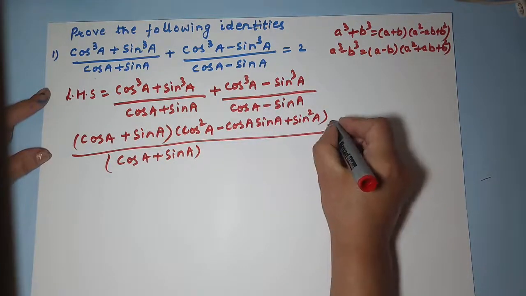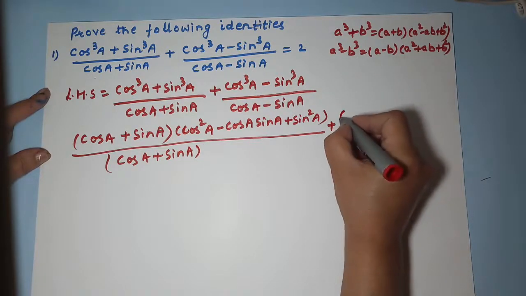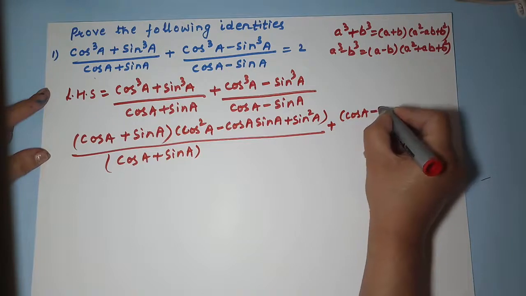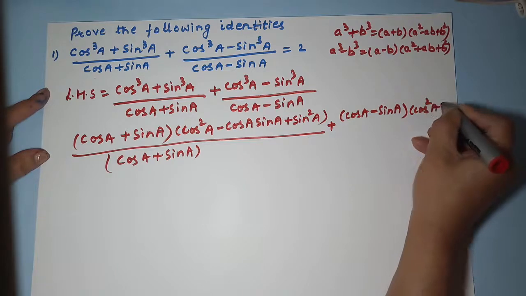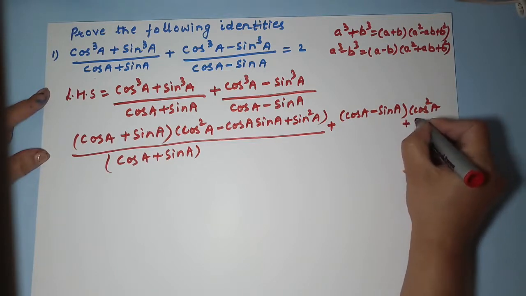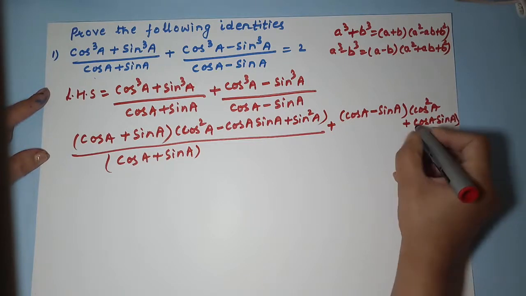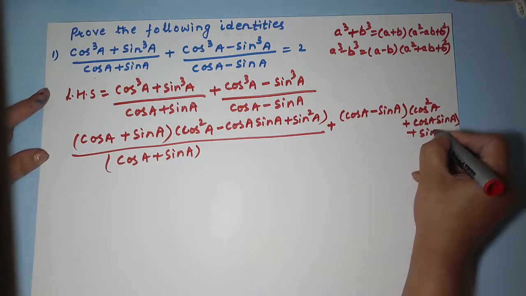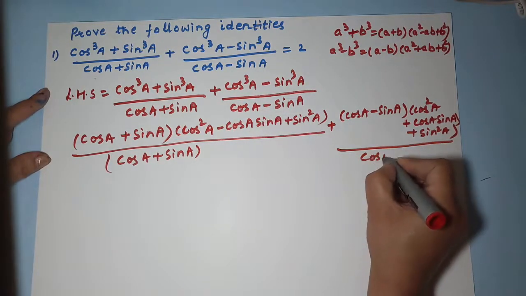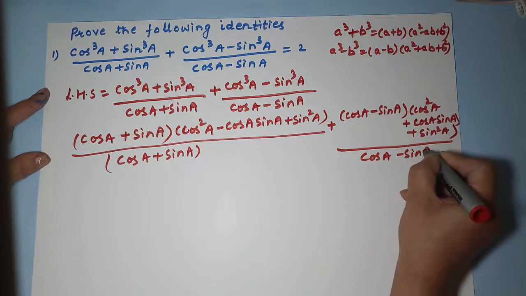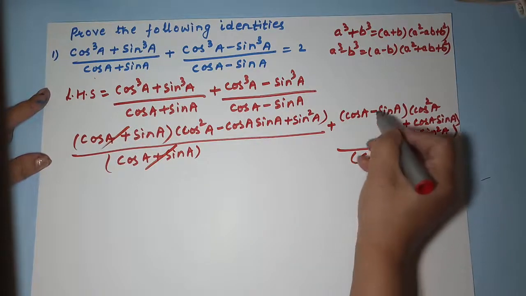Now same will apply here. I will write this A cube minus B cube as cos A minus sin A into cos square A plus cos A sin A and then plus sin square A, divided by cos A minus sin A. Right? Now what will happen? I'll get rid of this. Here also I'll get rid of this.